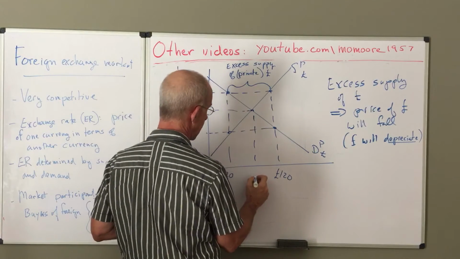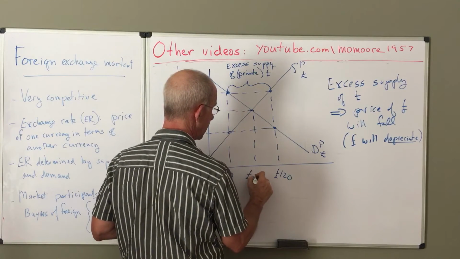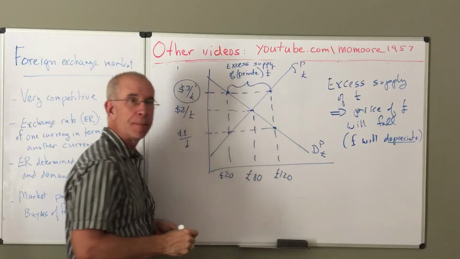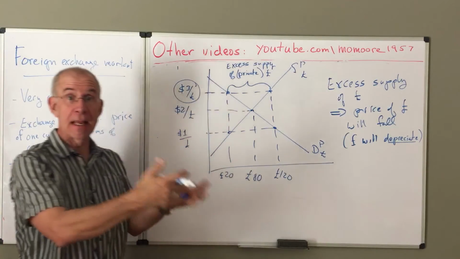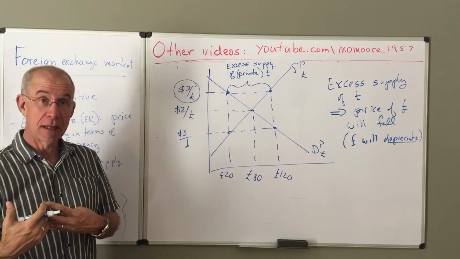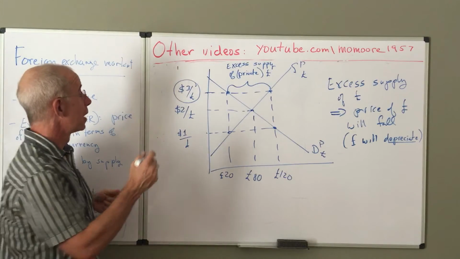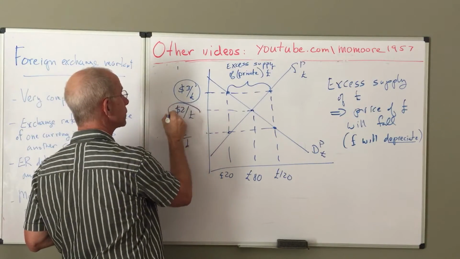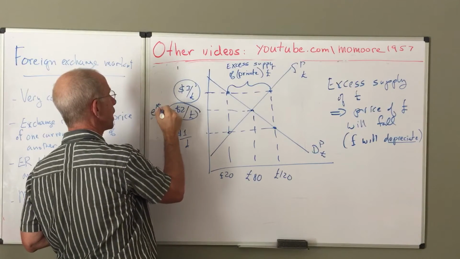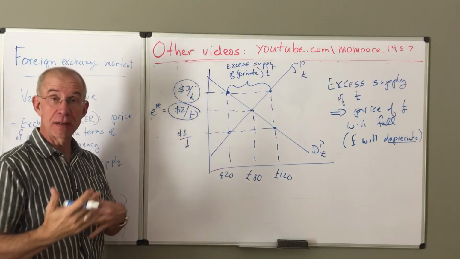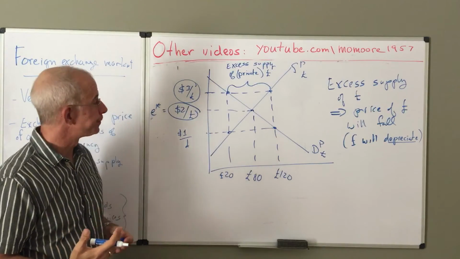And let's say that is 80 pounds supplied and 80 pounds demanded in the foreign exchange market. So there's an equilibrium price, an exchange rate that satisfies supply and demand conditions.